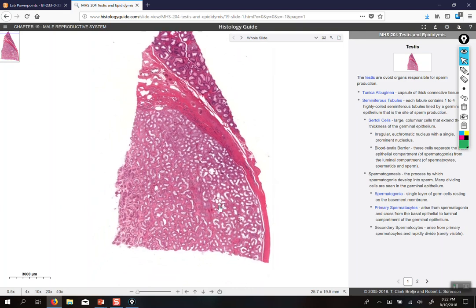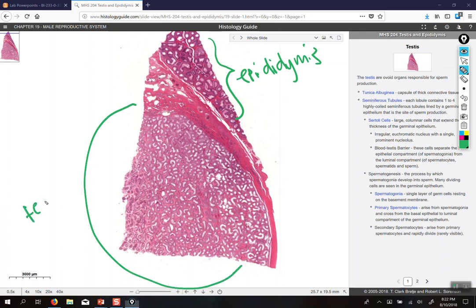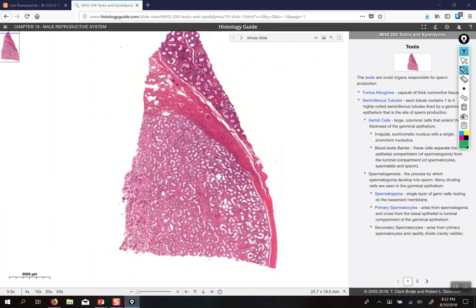So hopefully this will do the trick. Okay, great. Within this slide, there is testis and epididymis, so it's important to be careful. This is epididymis, and then all this stuff is testis. They're separated from each other by connective tissue, which you can see here.